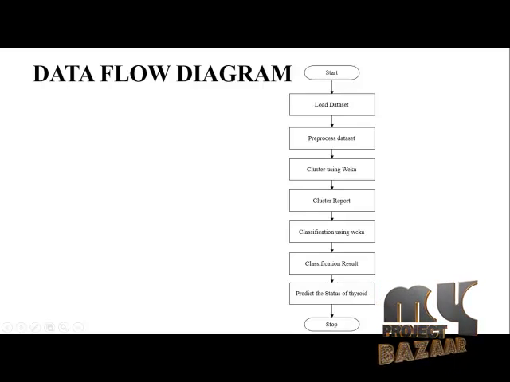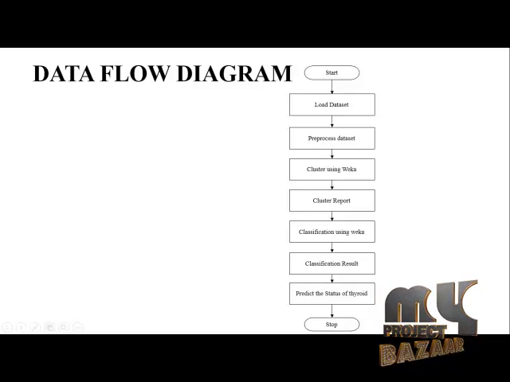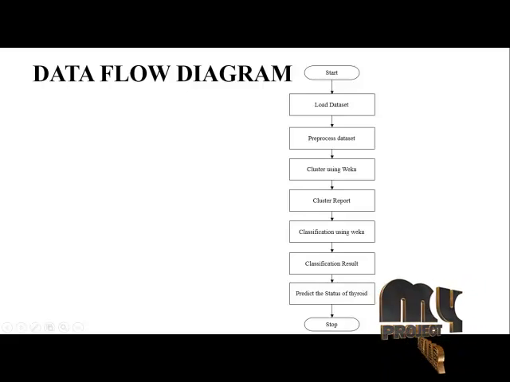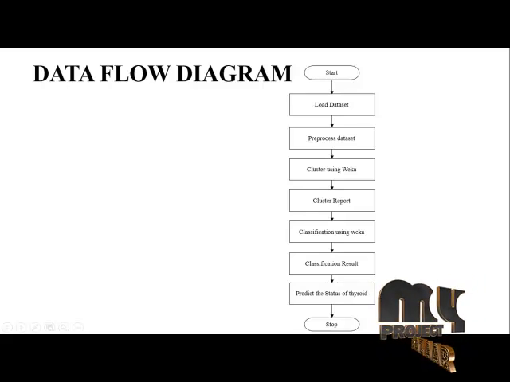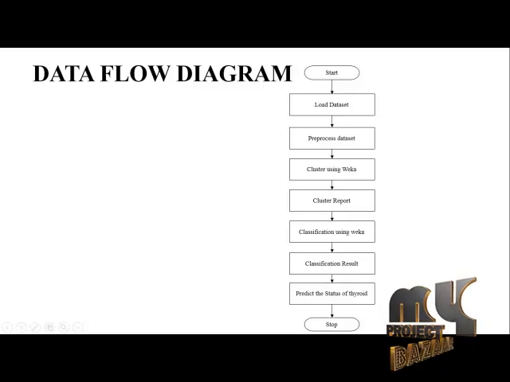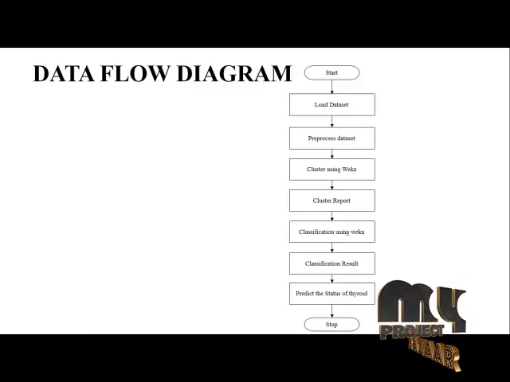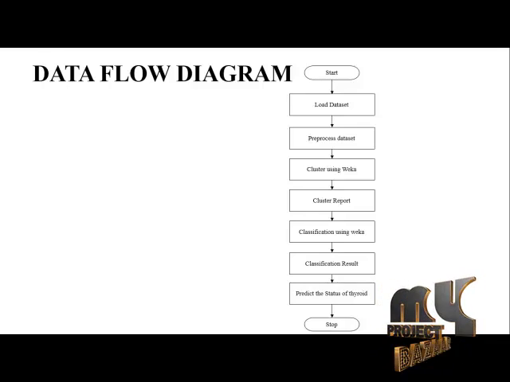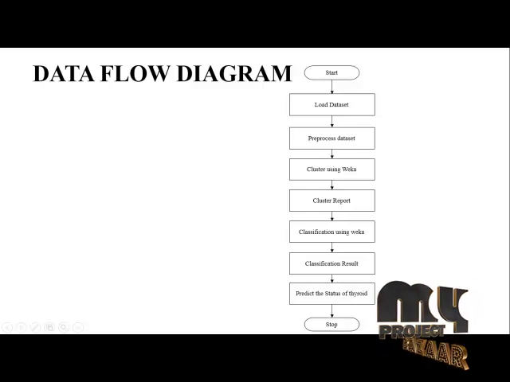The classification results mean we get the classification of each record, which will be classified into two or more databases. After classification is successful, we predict the status of thyroid for each individual ID in the database, and then stop the program.